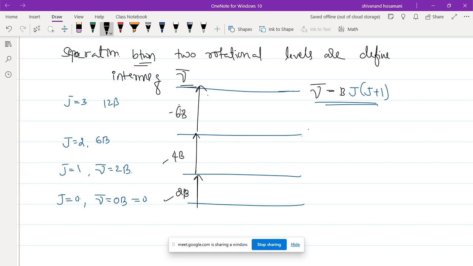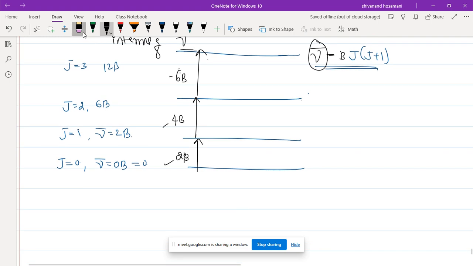Remember, the rotational level is different from the rotational lines, which are the differences between nu bars. What exactly is the difference between rotational lines and rotational levels? Rotational levels are the J values.